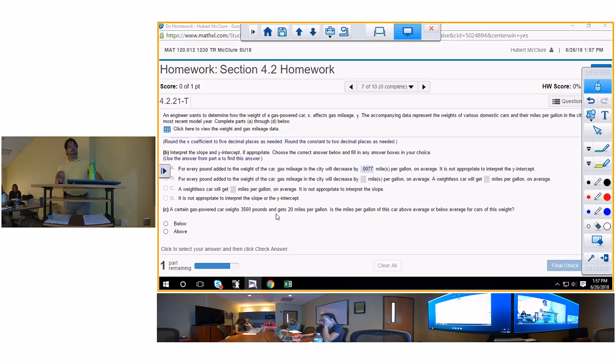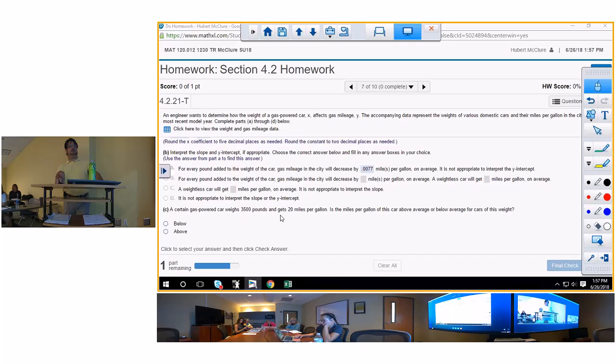And it's getting 20 miles per gallon. Is the miles per gallon of this car above average or below average for the car's weight? 35 and 20. Well, there's 2 things you can do here. You can look at the graph, or you can do what?